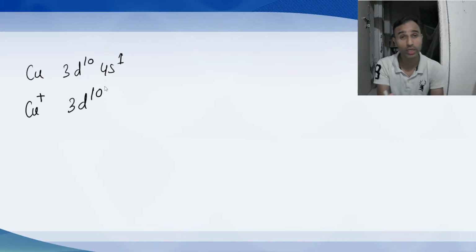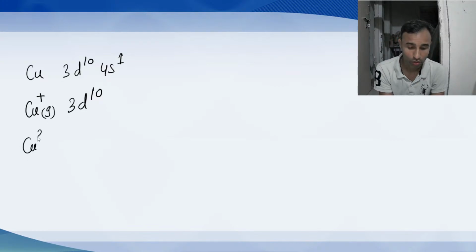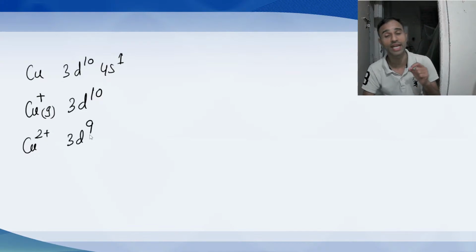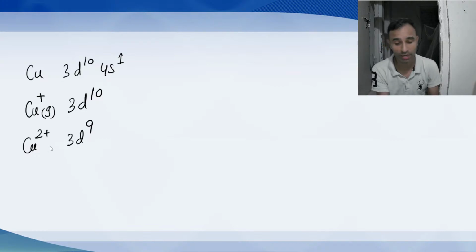That means it has a fully filled d orbital in +1 state, so it should be stable, but it is stable in gaseous state. But copper 2 plus, which has a partially filled d orbital 3d9, is stable not in gaseous state but in aqueous solution.